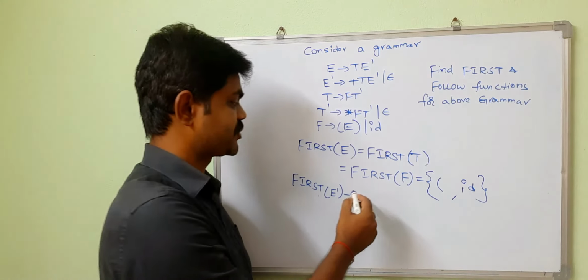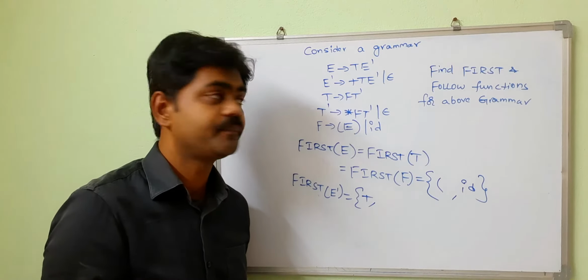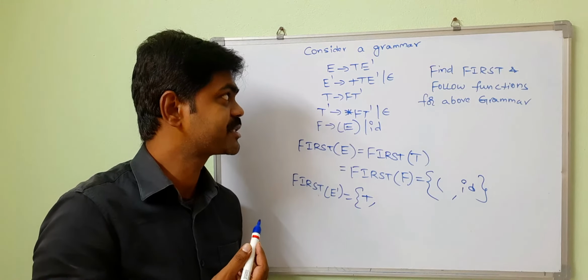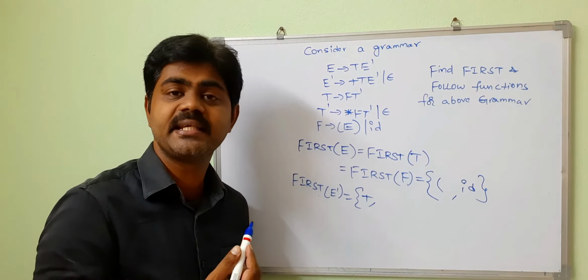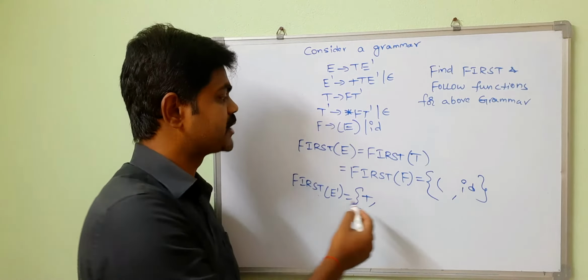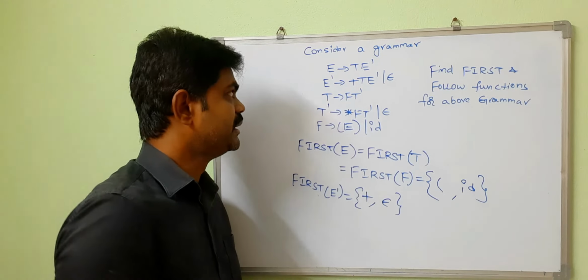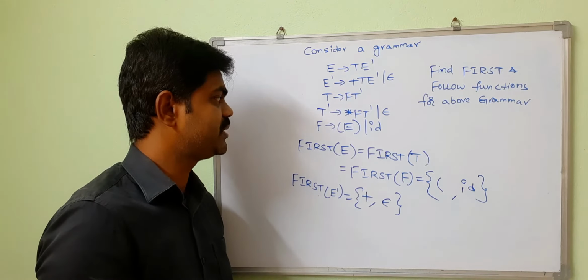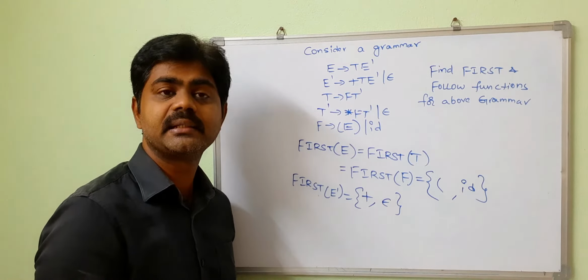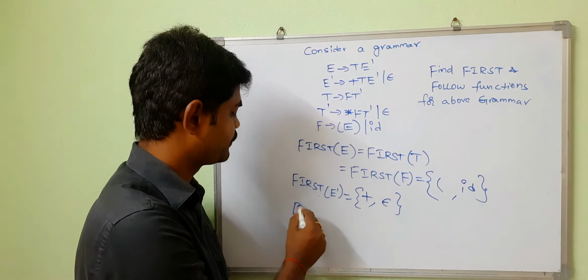So first of E dash equals plus, and we also have an epsilon, right? The second production can be written as E dash tends to plus T E dash or E dash tends to epsilon, either way. So we'll also get epsilon here. So plus comma epsilon. So E is over, E dash is over, T is over, F is over, and we are left with T dash.